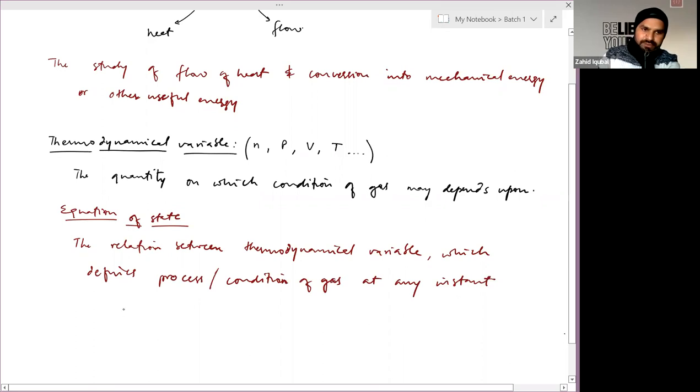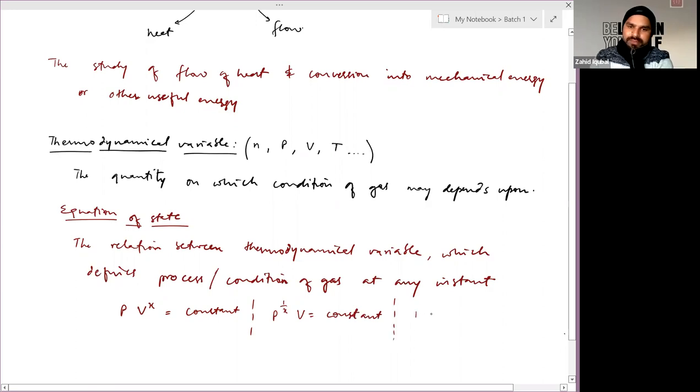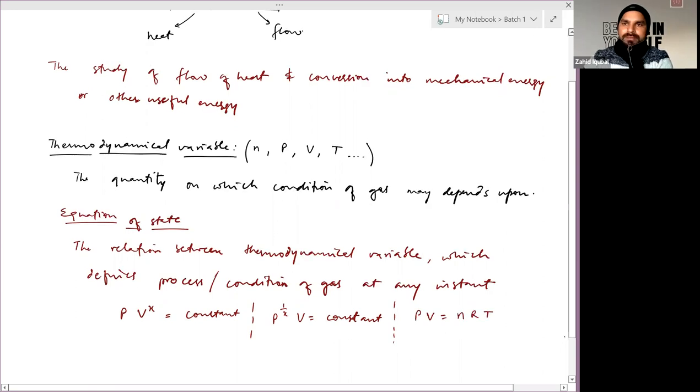So in general, first, PV to the power x equals constant. Second, P raised to 1 by x, V equals constant. And the ideal gas equation, PV equals nRT. First, write it down to this part.